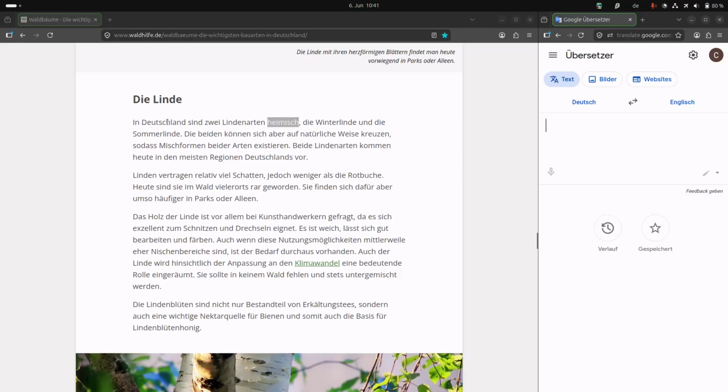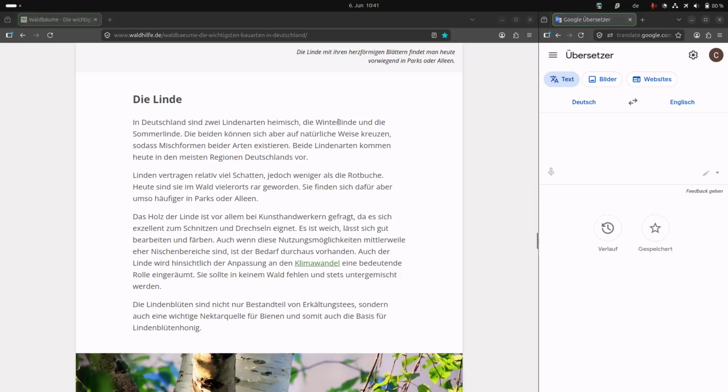So, in Germany are 2 linden tree species home, the winter linden tree and the summer linden tree. So, basically, translated in context, this would mean in Germany 2 linden tree species are native, or 2 linden tree species are native to Germany.